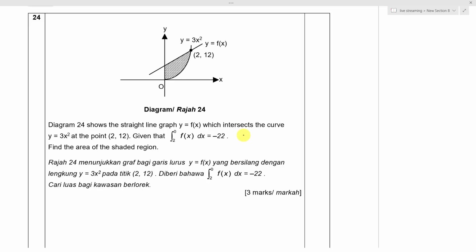So what we want to do is change it back to positive. Integration has a law where you can change to positive when you swap the limits: 2, 0 you swap to 0, 2, then you add a negative on the other side. So it becomes 22. That means if I integrate this straight line from 0 to 2, I actually get the area of the trapezium, and the whole area of the trapezium is equal to 22.